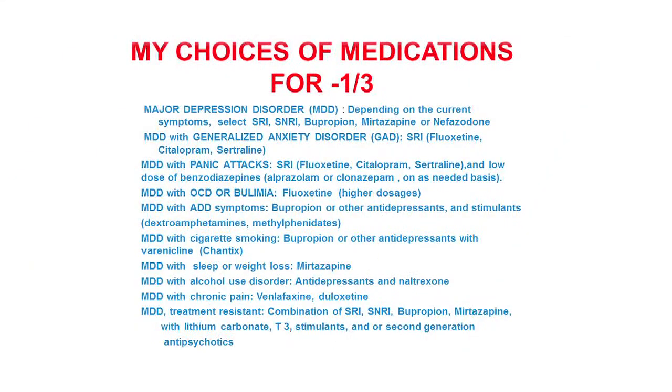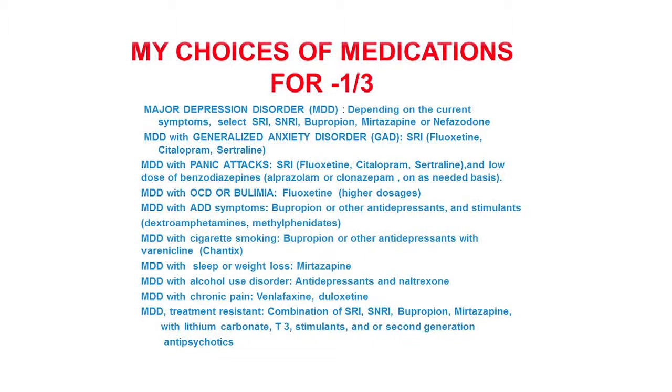Further, a very important part is what kind of medication we select. Again, let's say in the case of major depressive disorders, if that is one of the diagnoses, then depending upon the current symptoms, I select either serotonin reuptake inhibitors or the serotonin and norepinephrine, so-called SNRI, or bupropion, which is Wellbutrin, mirtazapine, or nefazodone.